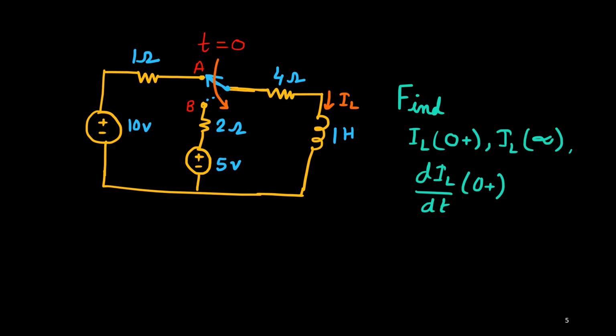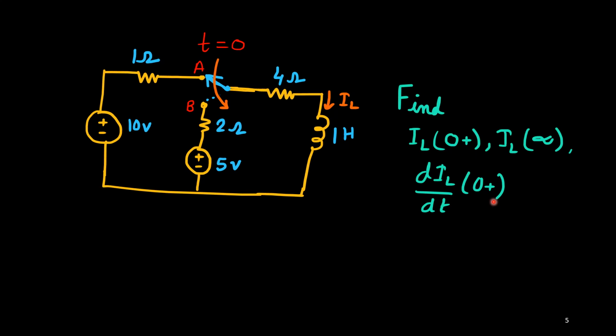So here the inductor is 1 Henry. You need to find out these values: I_L at 0 plus, and I_L at infinity, and dI_L/dt, the rate of change in current I_L at t equal to 0 plus.